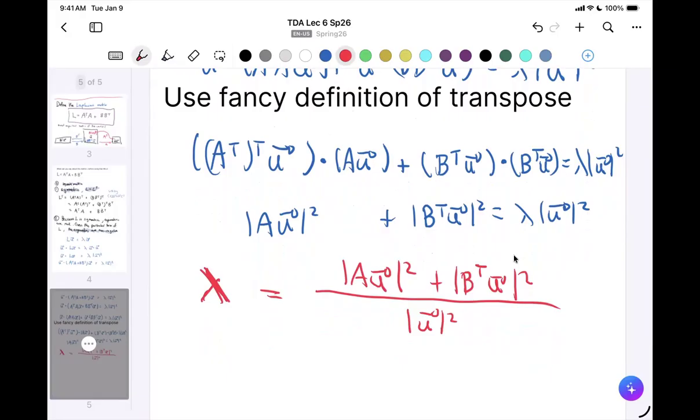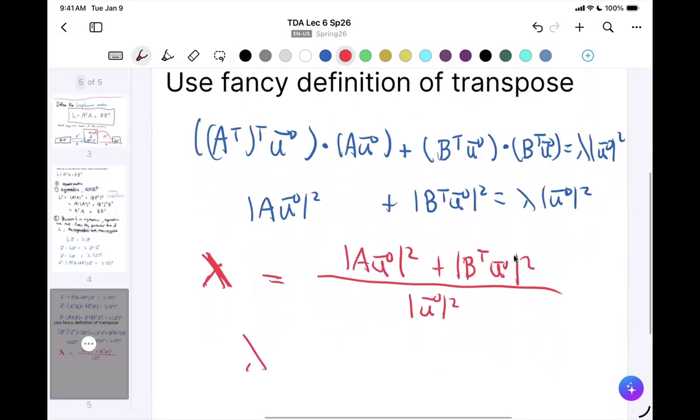The denominator is positive, and the numerator is a sum of squares, so it's also positive, or potentially zero, that's fine, but neither of them is negative. So this guarantees that lambda is greater or equal to zero.